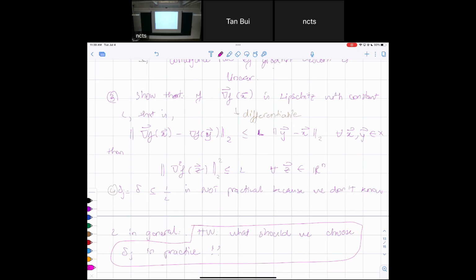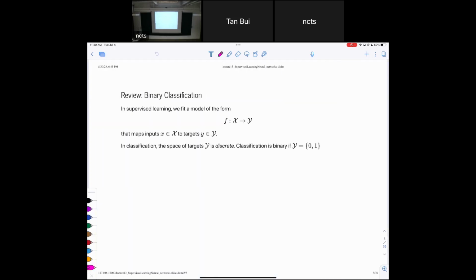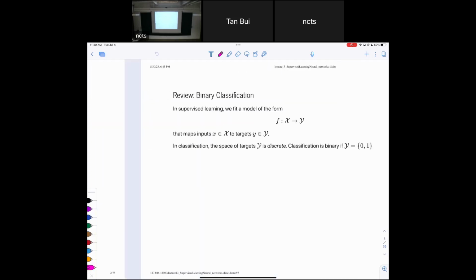Okay, let us move to the next lecture. I already have this slide, so we're going to write less. So this is a neural network. I'm sorry, I'm going to do the slideshow. How do I do it with view? Single page. Okay, good.